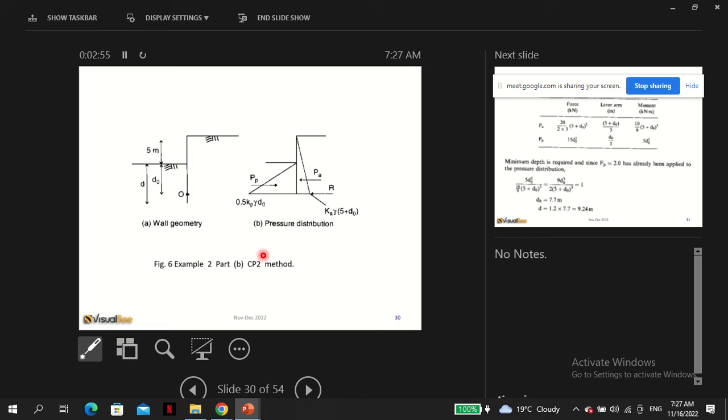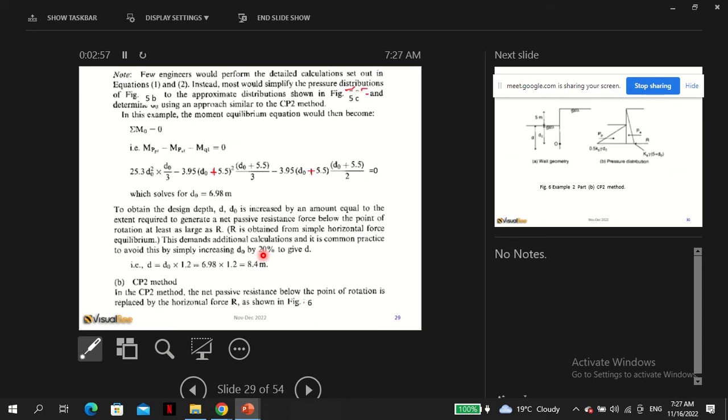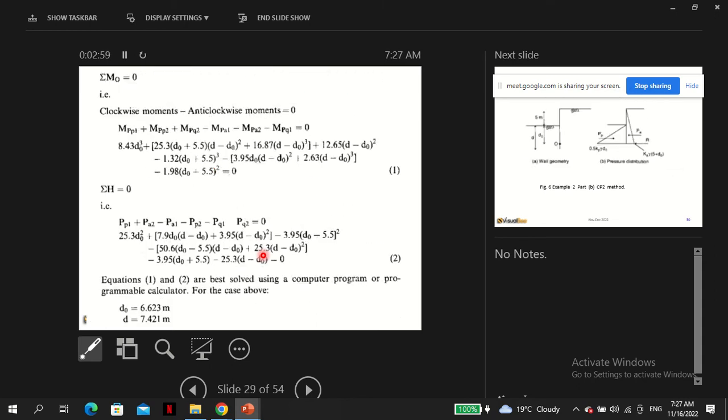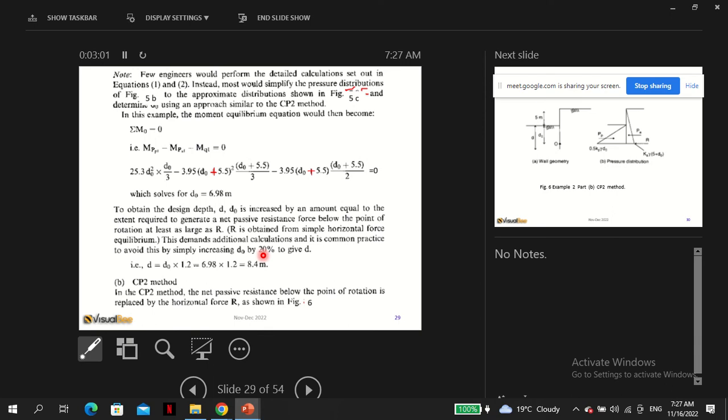Let's go through it so that it's clear as well. In the CP2 method, the net passive resistance below the point of rotation is reduced by the horizontal R, as shown in figure 6.